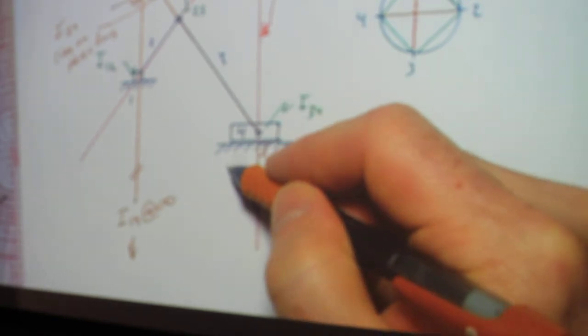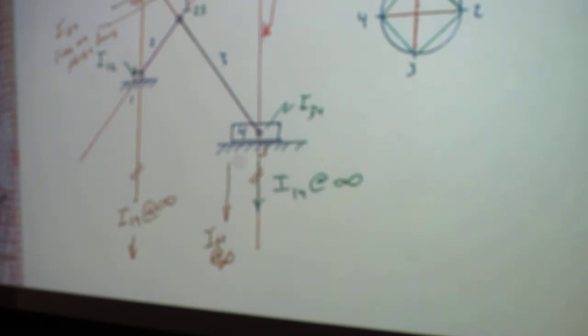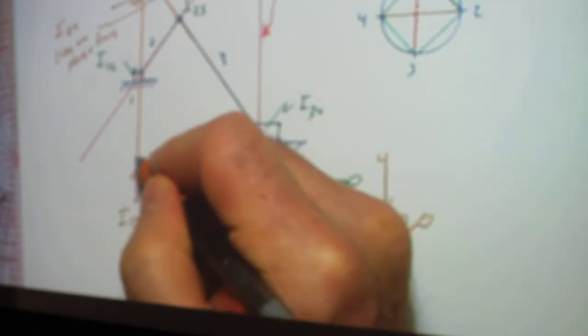But it doesn't matter. If I wanted to, I could have drawn I14 at infinity like that. So it doesn't matter where horizontally it is? Right. Or I could have drawn it like this, as long as all these lines are perpendicular to the direction of travel. Okay?